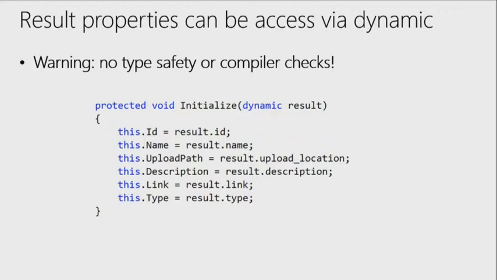It's not following the naming conventions that we're normally expecting to see in C#, but I'm assigning those values directly into properties that I've exposed out from the encapsulating object there. So again, shows you how you can use it, but if I did a typo in upload_location, the compiler's not going to tell me anything. I'm just going to end up with either an exception or a null value, depending upon how things work.